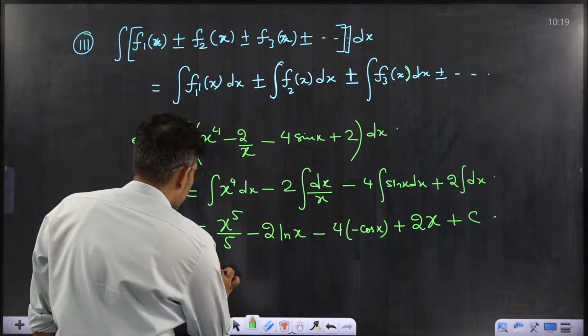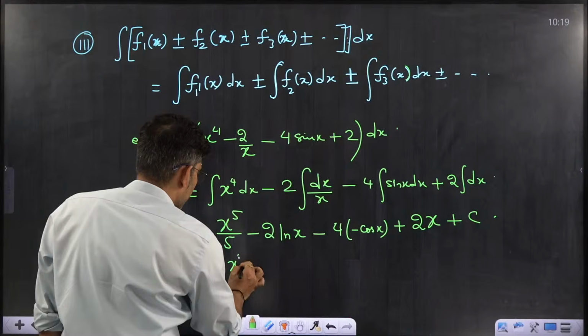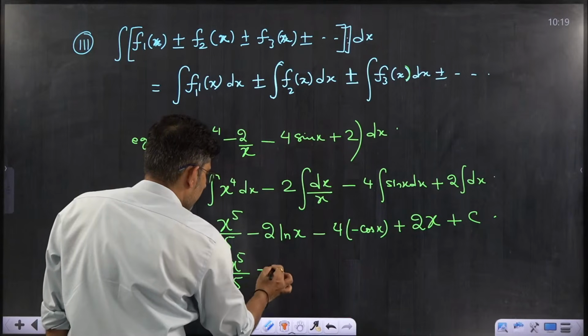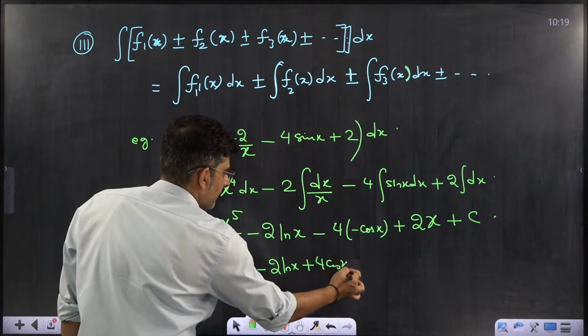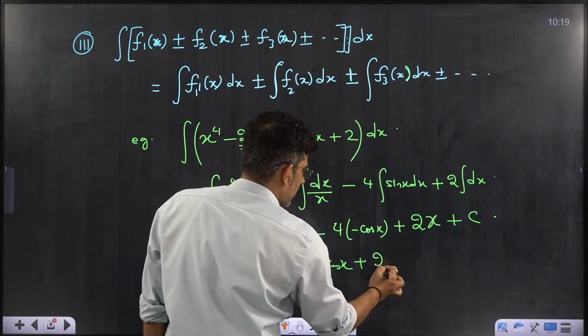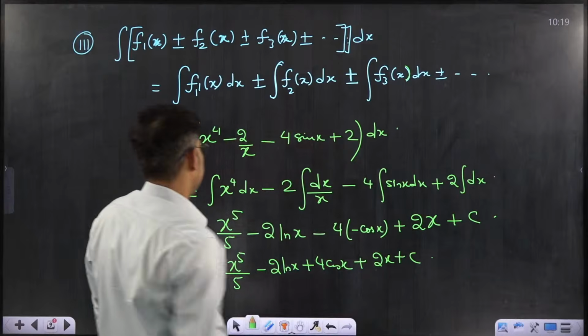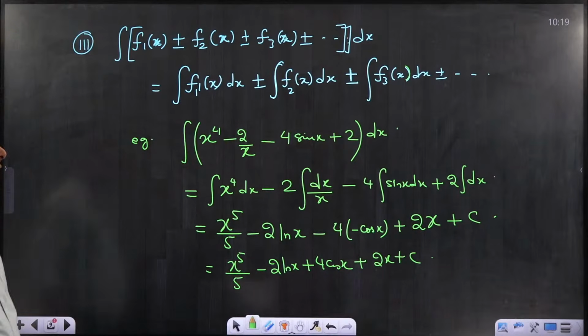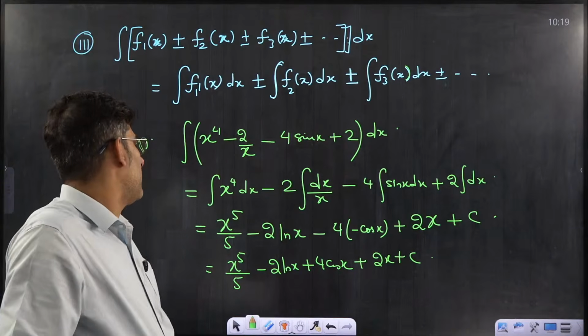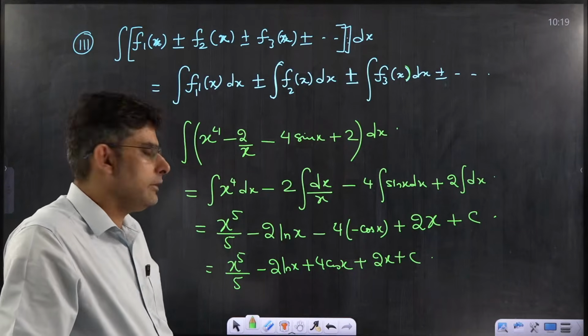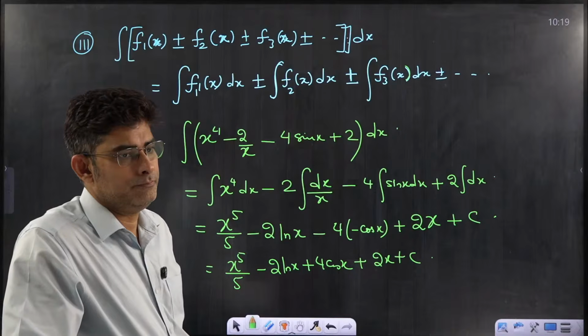So our final answer comes in the form x to the power 5 by 5 minus 2 natural log x plus 4 cos x plus 2x plus c. So when we have multiple functions being added or subtracted, you can directly find it in this particular way.